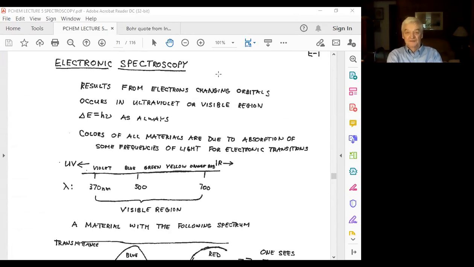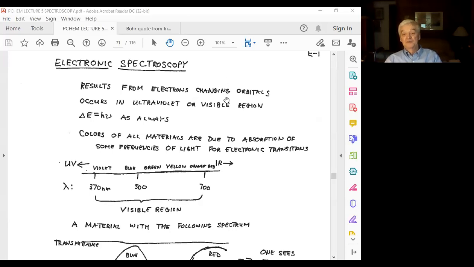I like to say this over and over again: the world is beautiful because of electronic spectroscopy. Every color you look at comes from electrons jumping from molecular orbitals to higher molecular orbitals, or possibly from atoms to higher energy orbitals.